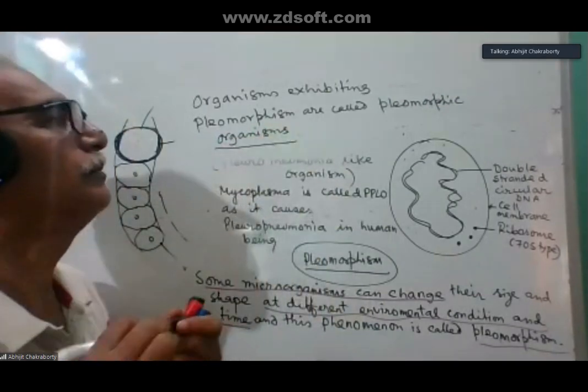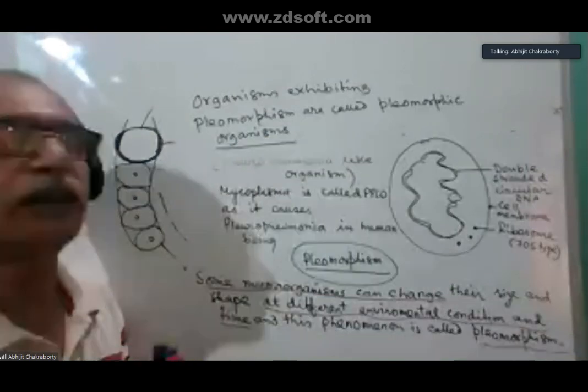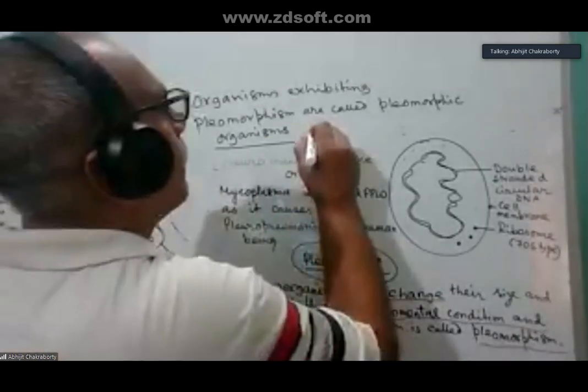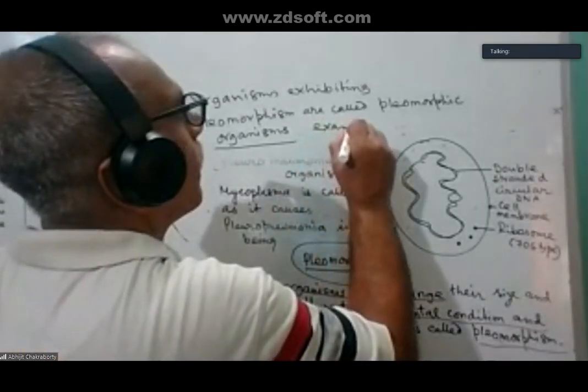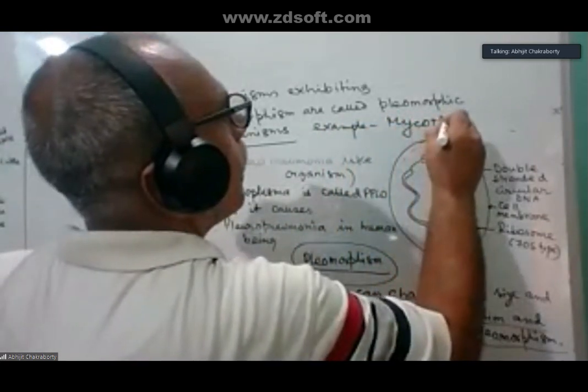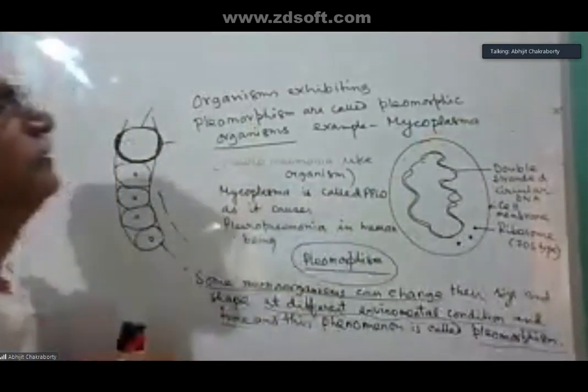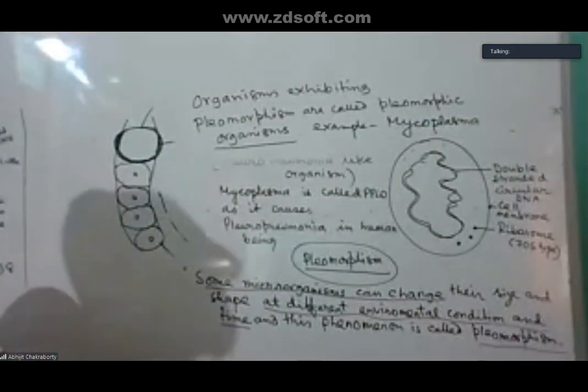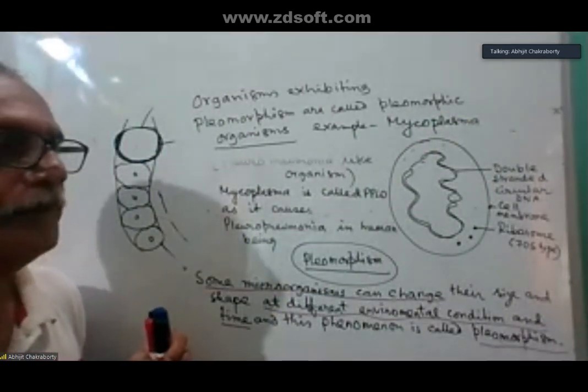Organisms exhibiting pleomorphism are called pleomorphic organisms. Example, mycoplasma. So this is what about the mycoplasma.